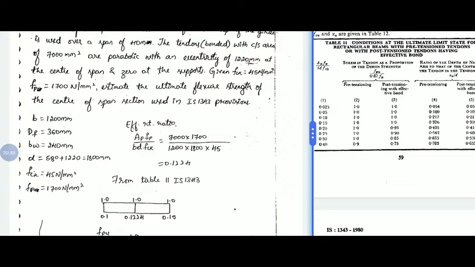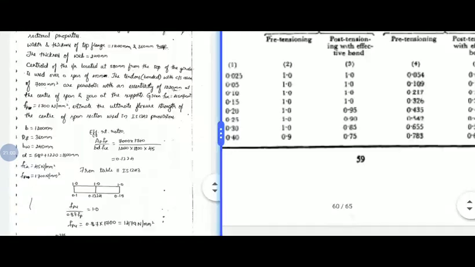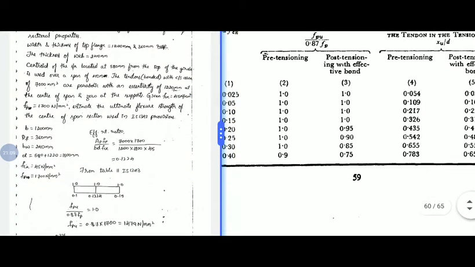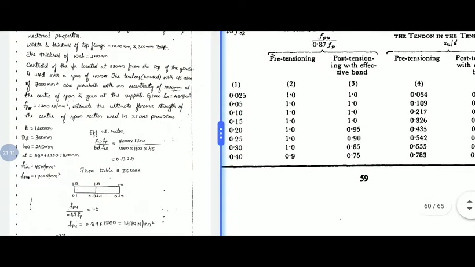FCK is 45 Newton per mm square and FP is 1700 Newton per mm square. So first, the effective reinforcement ratio APFP by BD FCK. On simplifying, we will get 0.1224. So it lies between 0.1 and 0.15. For both we have 1, and for XU by D ratio 0.217 and 0.326.